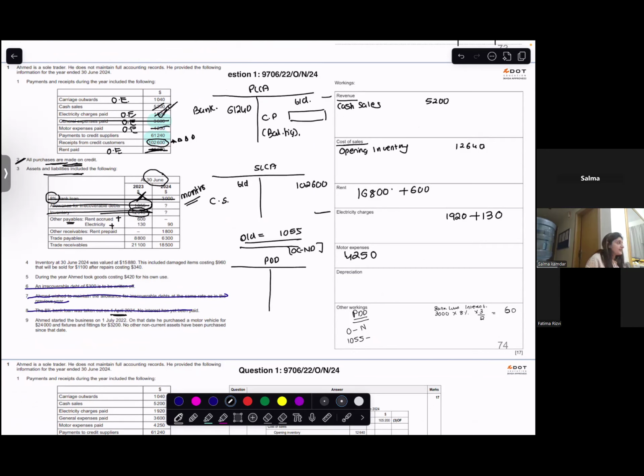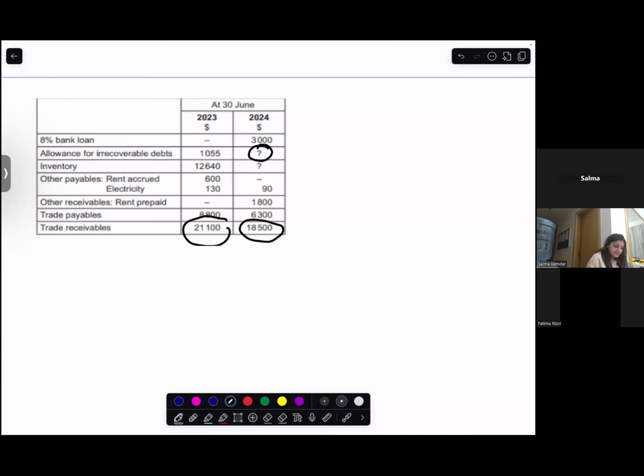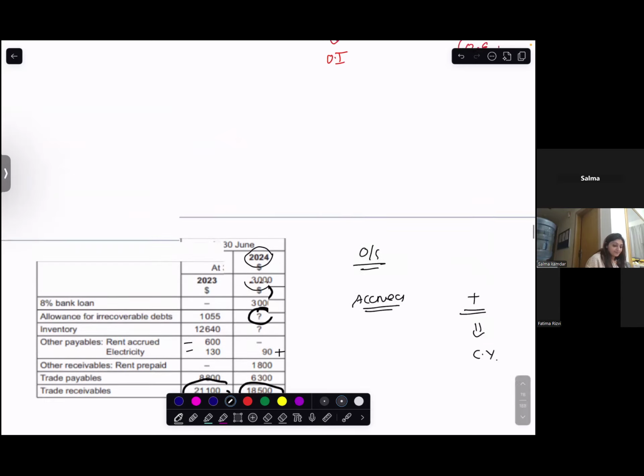Now I've done a mistake over here. Can you tell me what mistake I've done? The mistake that I did over here is outstanding, accrued. Outstanding is always added, correct? But what I add is of the current year. So current year is 2024. So of the current year it is added, of the previous year it is subtracted.